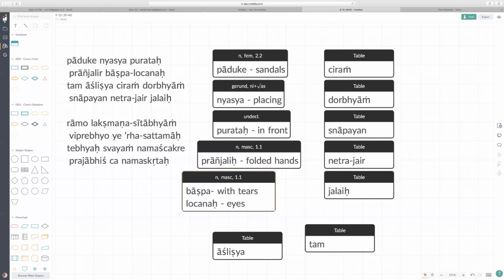If you think how you're supposed to think in Sanskrit, this kind of samasa should be analyzed like eyes filled with tears. You cannot just say eyes with tears, as if in one hand you have eyes and in another hand you have tears.